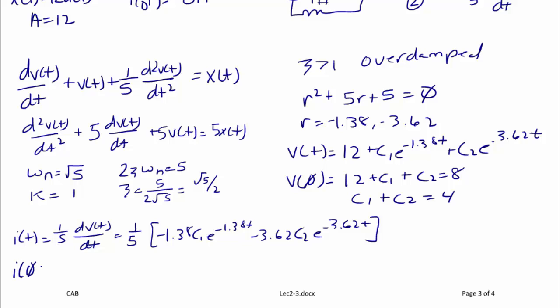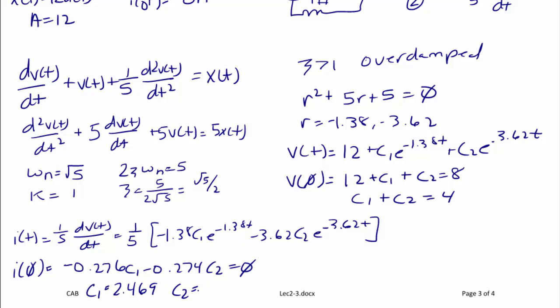So I of 0 is equal to negative 0.276 C1 minus 0.274 C2, and that equals 0. So now we have two equations and two unknowns. So when we solve those, we get that C1 is equal to 2.469 and C2 is equal to negative 6.469.